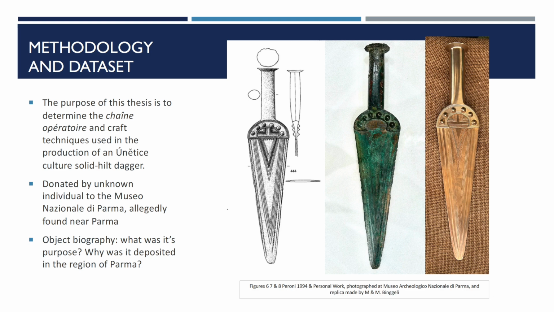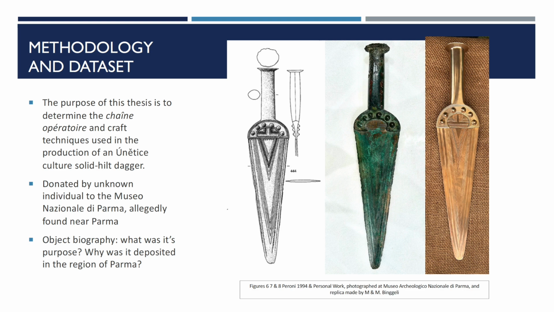A hoard of similar bronze daggers were found in Parma at around the same time, so it's possible that these objects were related. So you can see from left to right an illustration of the dagger in Peroni's 1994 catalog.